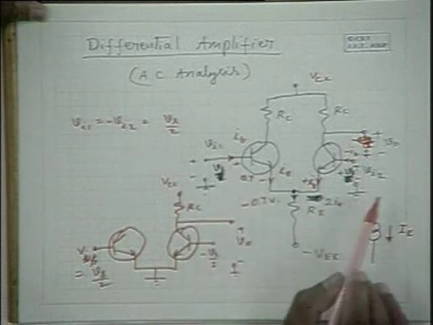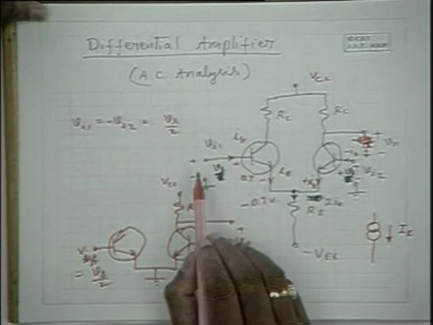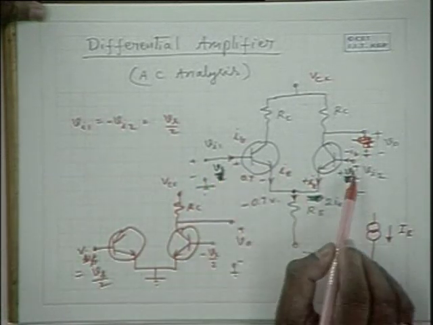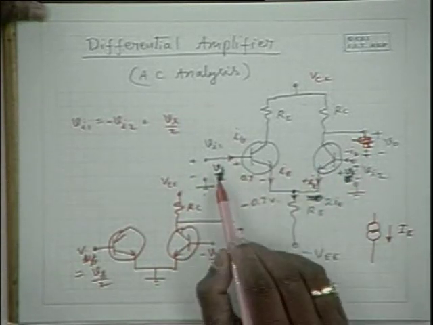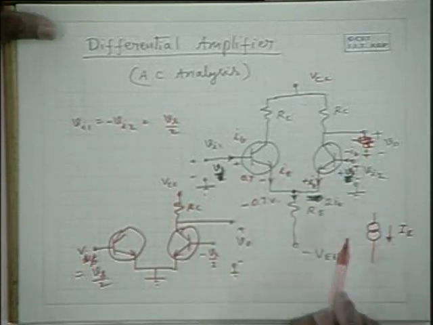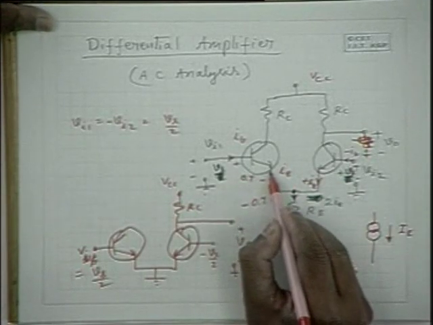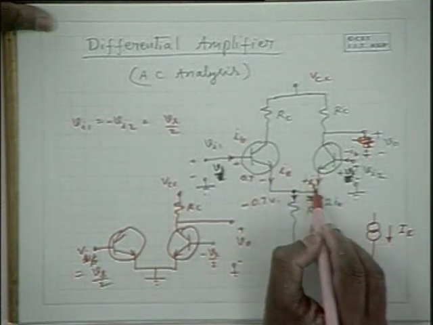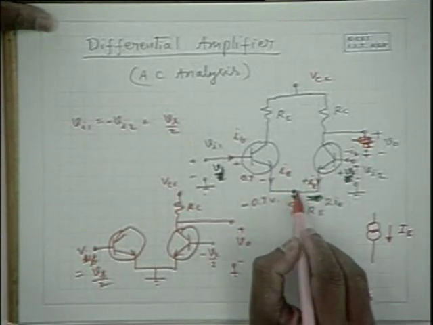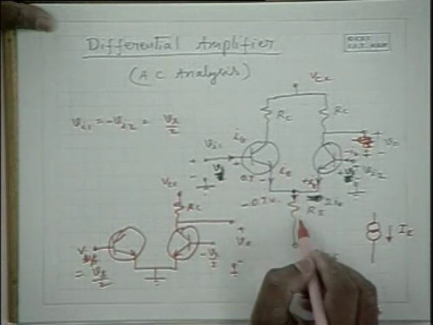Now, for common mode signals, when we apply a voltage which is equal and in phase to both the inputs, we expect some increase in the emitter current here and an increase in the emitter current here, and we expect a tendency to increase this emitter current.